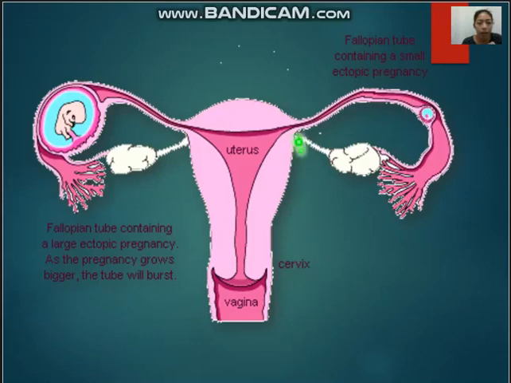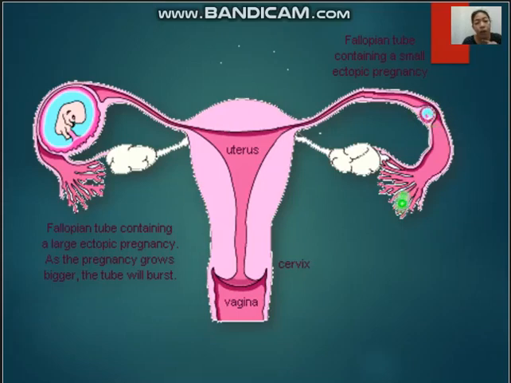Now, here is an illustration of what happens when an embryo develops within the tube. Mao ni siya ang mahitabo. This is what it looks like when a fallopian tube contains a large ectopic pregnancy. As the pregnancy grows bigger, this part here will rupture or burst. Then here, this contains a small ectopic pregnancy.